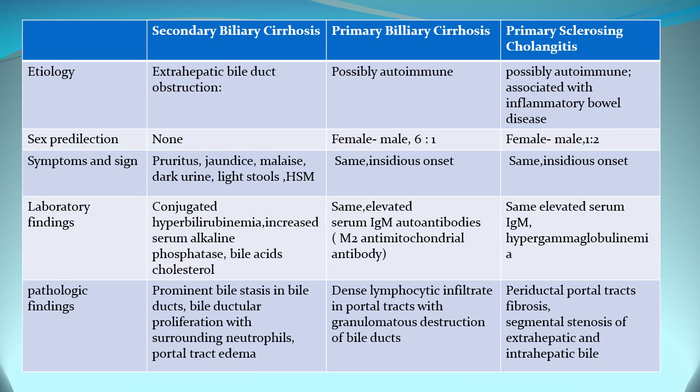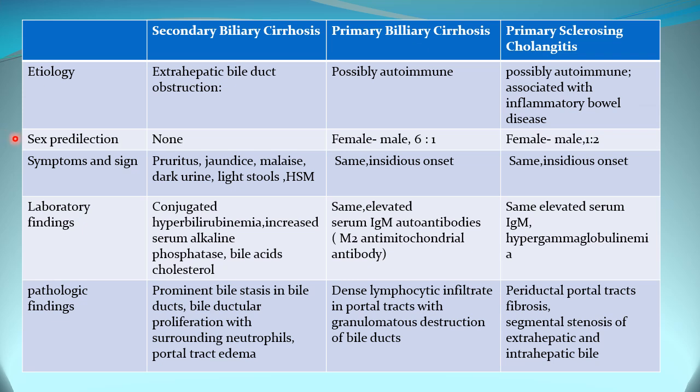So this is the comparative chart of all three: secondary biliary cirrhosis, primary biliary cirrhosis, and sclerosing cholangitis. So etiology, you know about this. Secondary is always associated with extrahepatic bile duct obstruction, primary is possibly autoimmune, and PSC, sclerosing cholangitis, is associated with autoimmunity and with inflammatory bowel diseases. Okay?